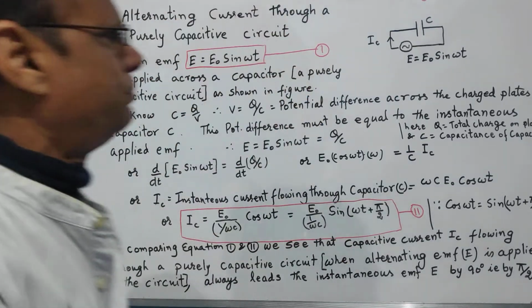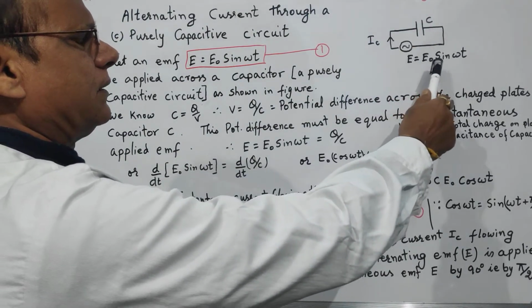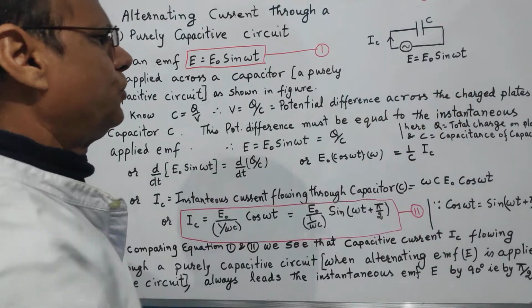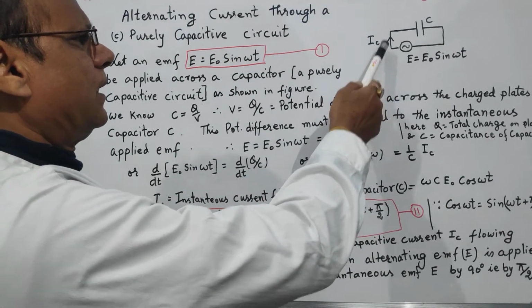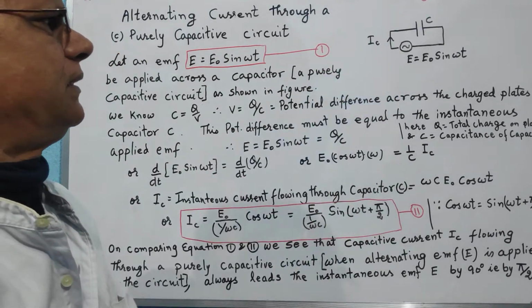We have a purely capacitive circuit here, and we apply an EMF E equal to E0 sin omega t. Epoch is taken to be 0, and then the current will start flowing through the capacitor. We call it IC.